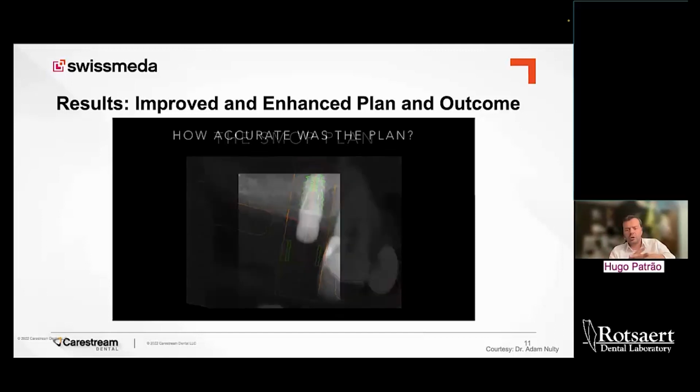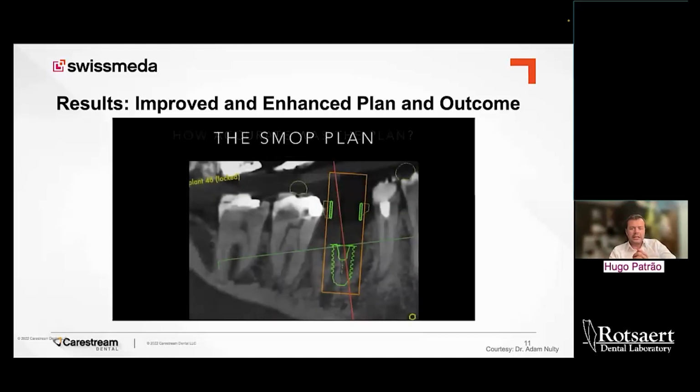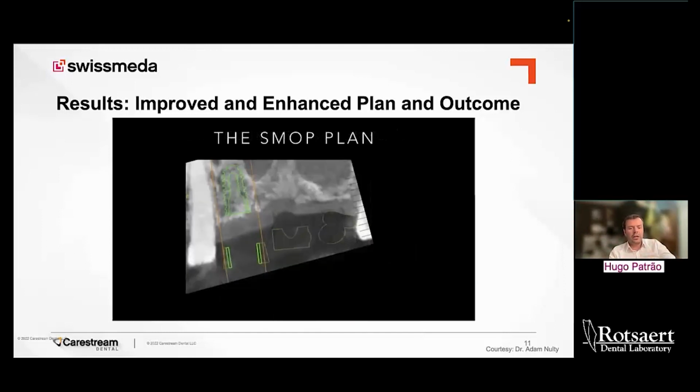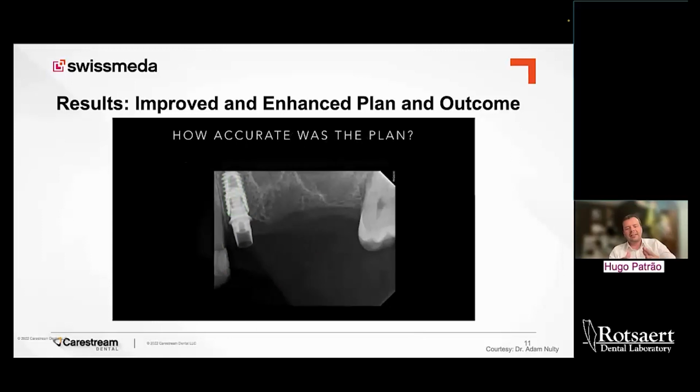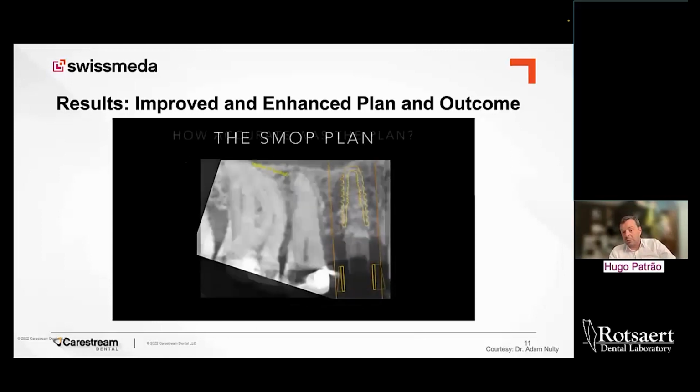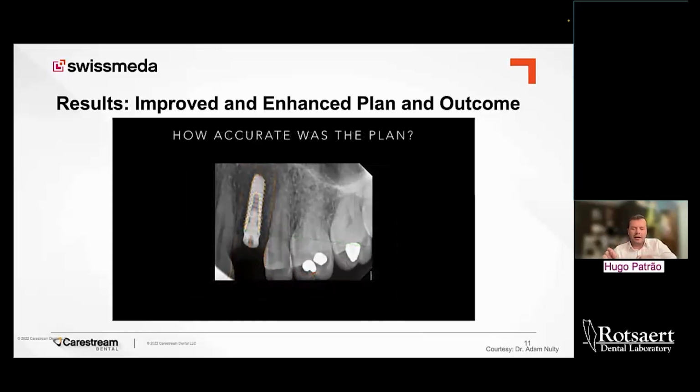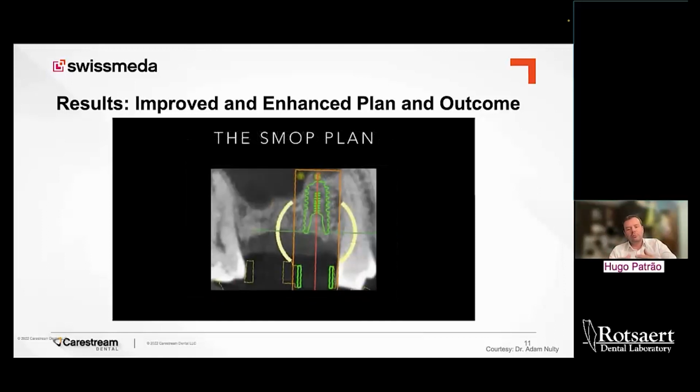And obviously, I'm not going to run the full video right now because it's 50 cases. But as you can see, guided surgery can deliver that level of accuracy and predictability. So that means, and we're going to touch on that, that you can have your restoration done before the surgery.